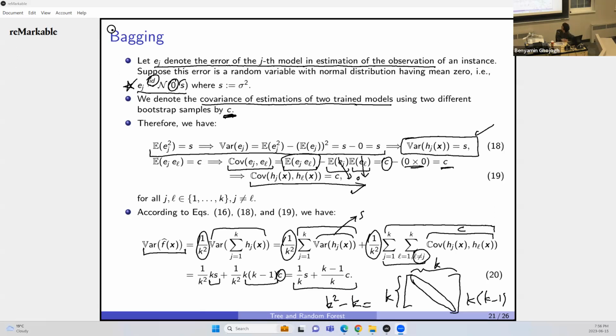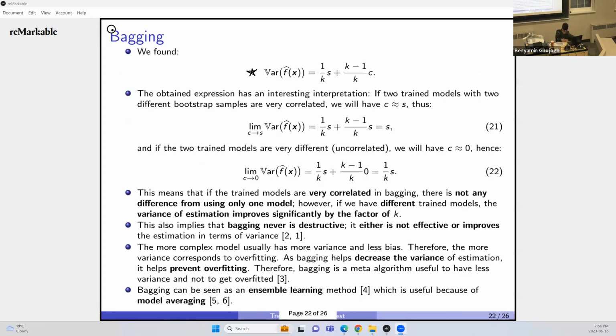I have repeated what we obtained here. Now, it has an interesting analysis. What does it say? If two of these trained models are very correlated, then what happens? C becomes almost S. The covariance of the two models becomes like the variance of one model, because they're very similar to each other.